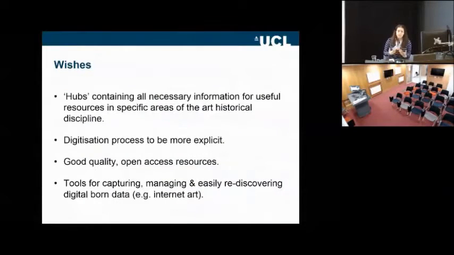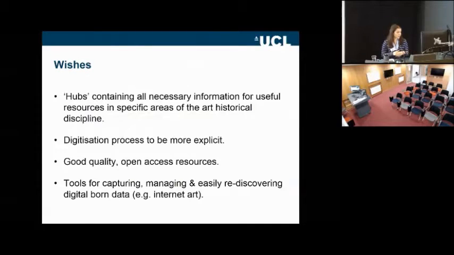Just before I finish, some general other wishes they had with regards to digital resources. Some of them wished for hubs containing all necessary information in specific areas of study, like modern art. They wanted the digitization process to be more transparent, and this can be achieved through taking into consideration the users' views early on in the digitization process.